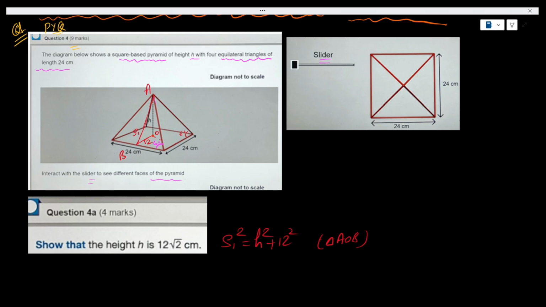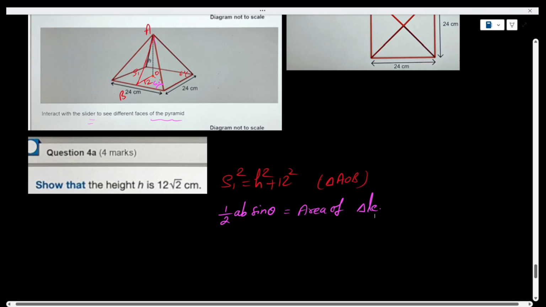To find S1 I can use the area of the triangle. You know that half AB sine theta is equal to the area of the triangle.